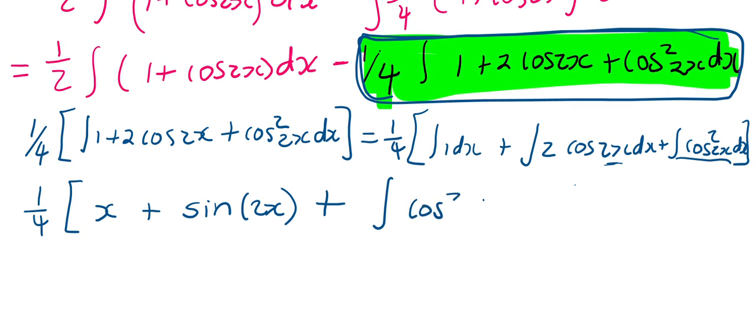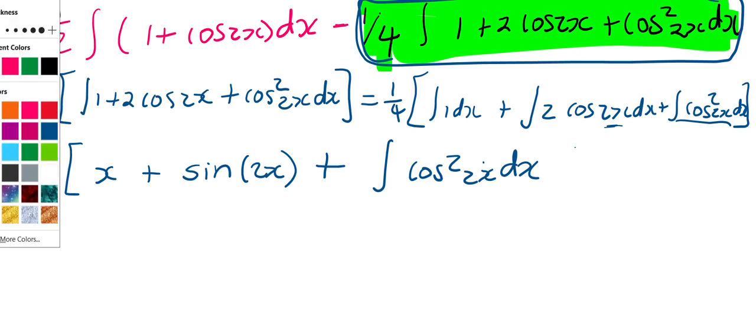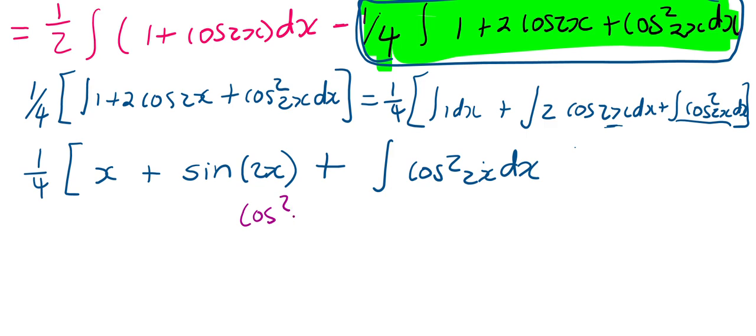Integral of cos squared 2x dx. Now, because the power of cos is an even number, we go back to our identity where it says that if you have an even power of cos and you're integrating, you are going to use this particular identity over here, which says cos squared x is equals to 1 over 2, 1 plus cos of 2x.